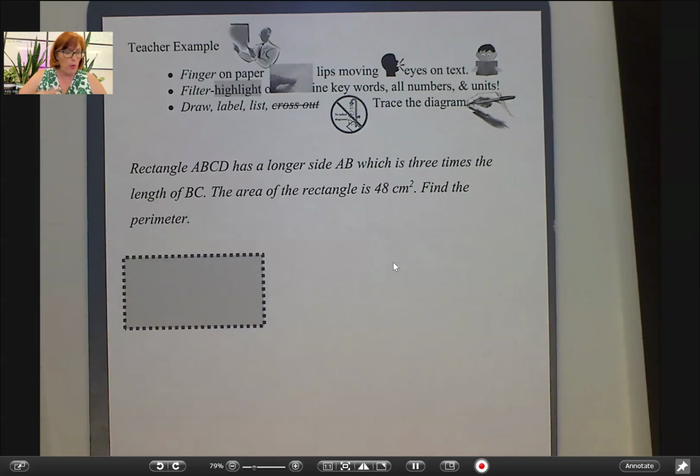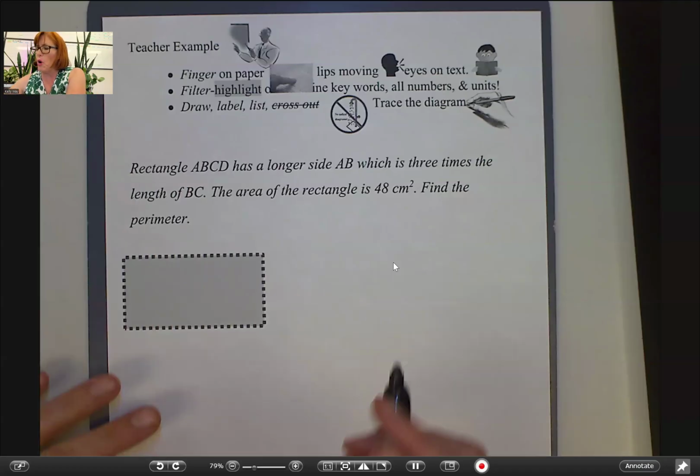Okay, that's pass number one. Pass number two. You filter or underline keywords, numbers, and watch out for units.